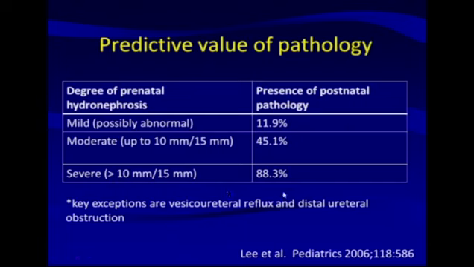The presence of postnatal pathology goes up with the degree of prenatal hydronephrosis. So you can tell parents whose fetus has mild hydronephrosis that the chance of there being postnatal pathology is about 11.9%. But if they have severe prenatal hydronephrosis, the chance of there being postnatal pathology is much higher, close to 90%.